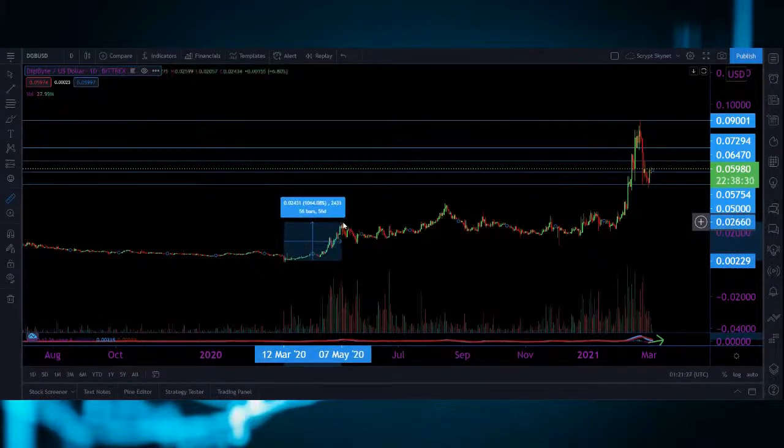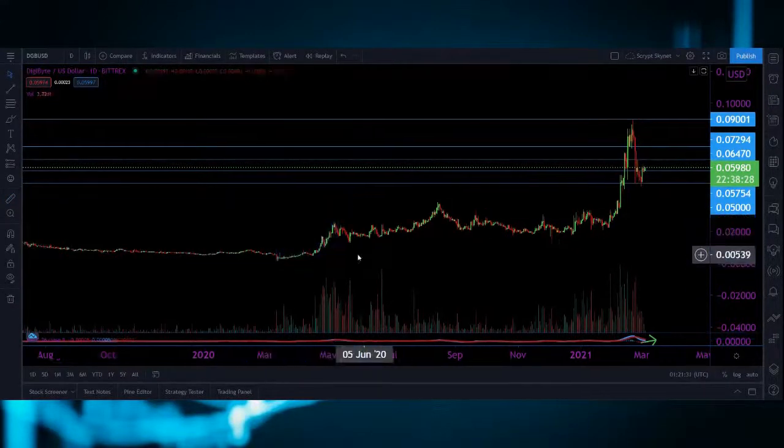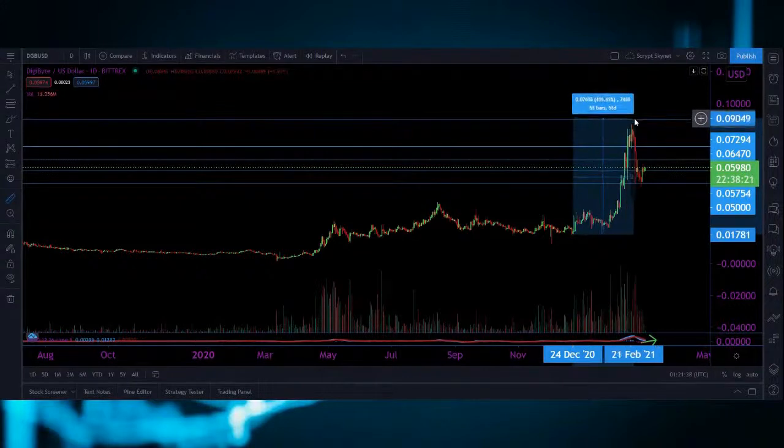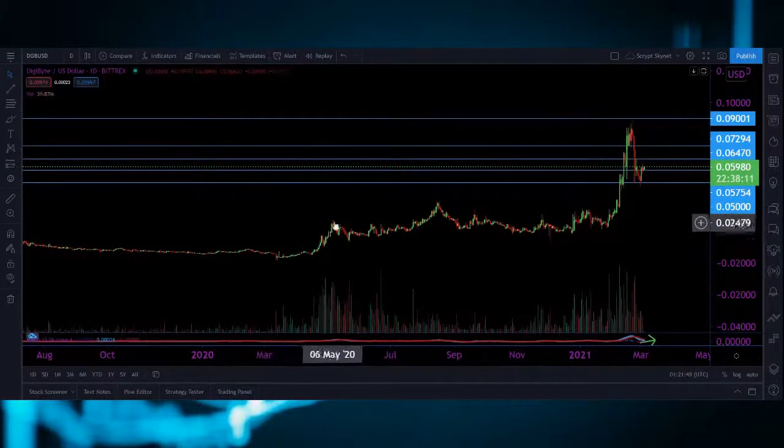So about 1,000%, guys, for the first run up. So this next one, the big one over here, is 400%. So this was like 1,000. This is 400.